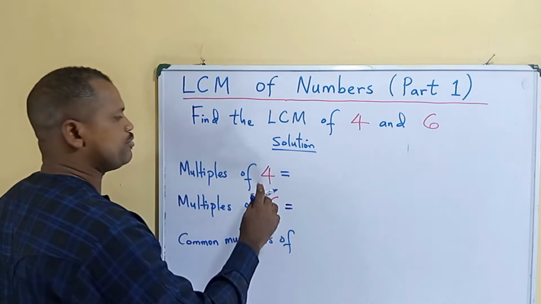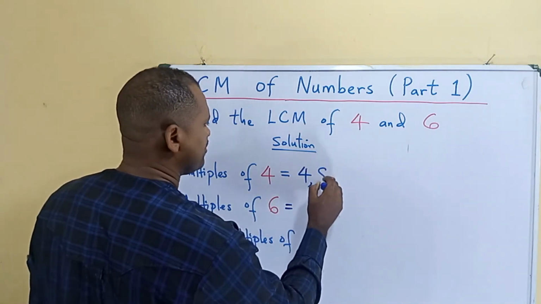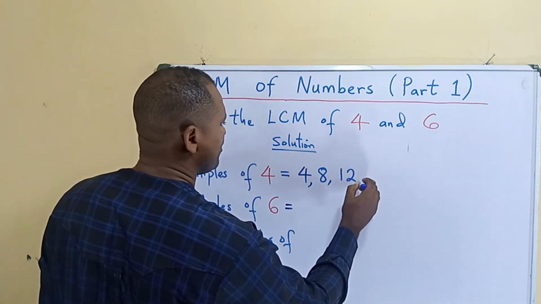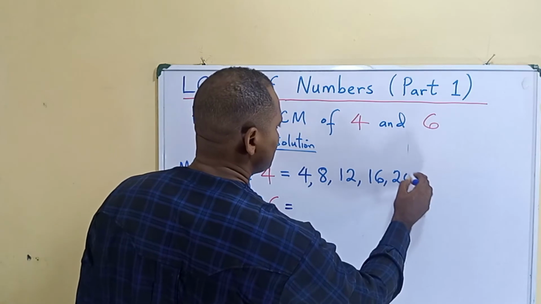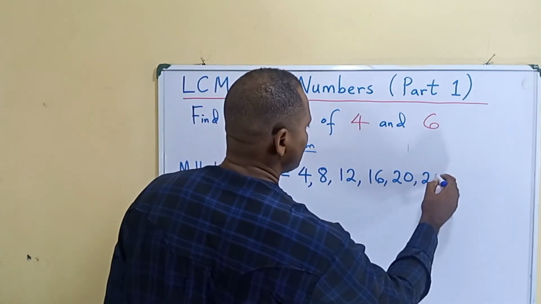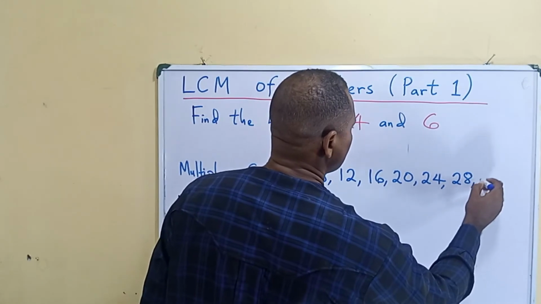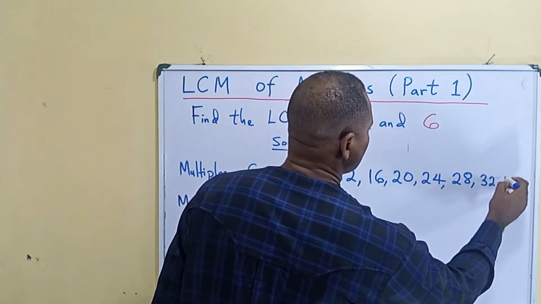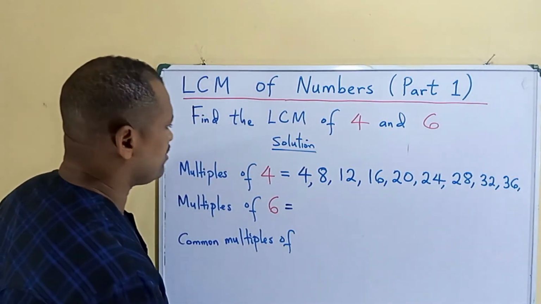So let's start. Multiples of 4, of course, start with 4, 8, 12, 16, 20, 24, 28, 32, 36, and it goes on.